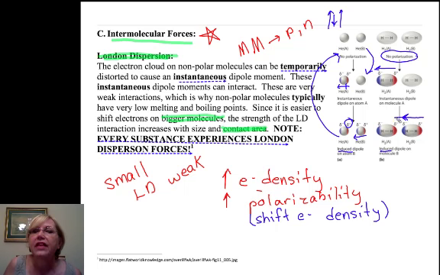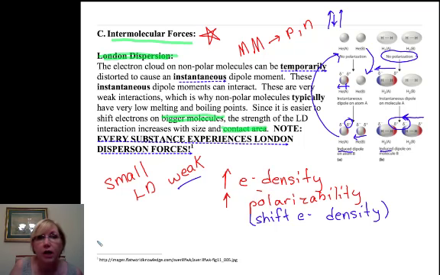Now, these partial positives and partial negatives are then attracted to one another. Okay? Now, London dispersion can be very, very weak, or those partial positives and partial negatives can be really strong. So don't assume just because it's only London dispersion available to a molecule that it's necessarily going to be weak. All right?